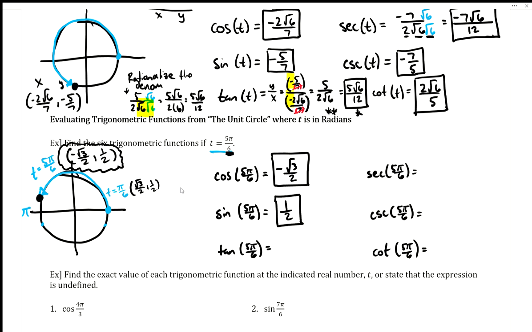Then tangent of 5 pi over 6 is the y-coordinate over the x-coordinate, so it's the sine answer, 1/2, divided by the x-coordinate answer, the negative radical 3/2.